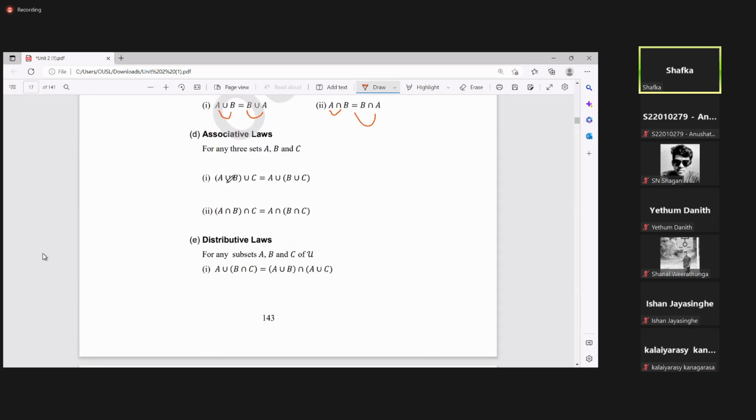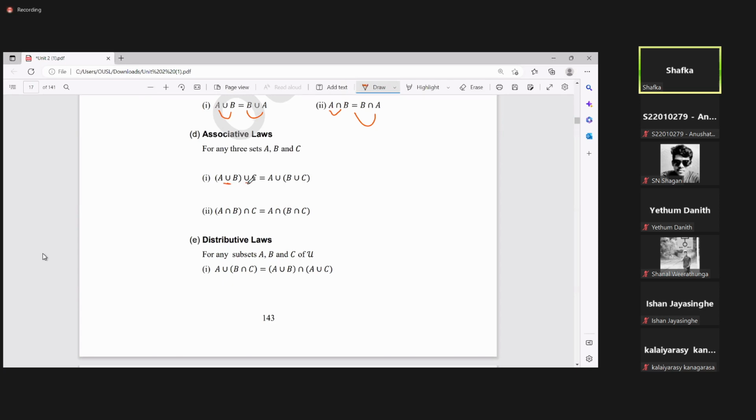Here, you have union only, but there is a bracket. You can first take the union of A and B, and after that take the union with C, or you can take the union of B and C, and after that take the union with A. This is the associative law.